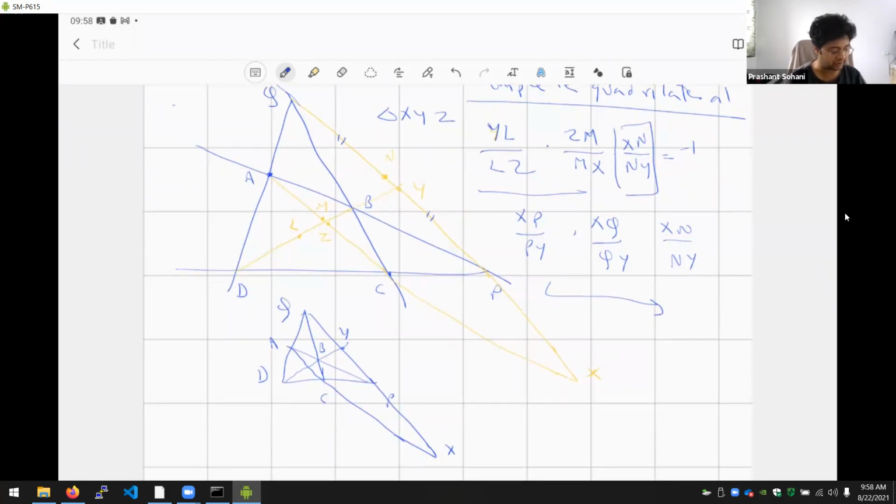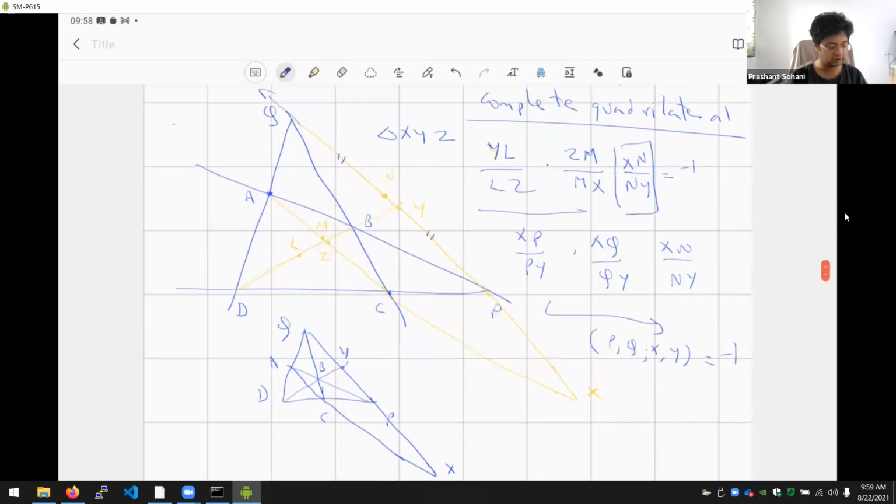That is why PQ and XY are harmonic. There are lots of interactions between various cevians and Menelaus's theorem, lots of things happening in the same diagram.